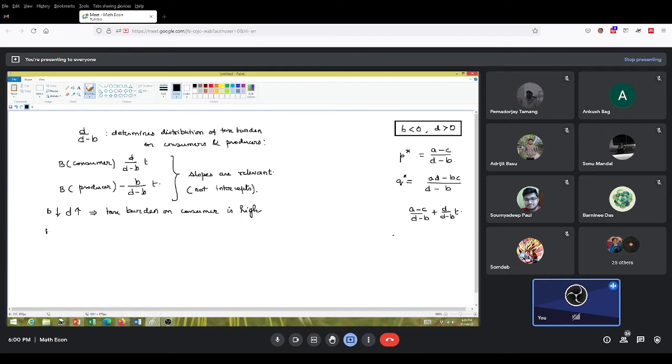On the other hand, if B is high and D is low, then the greater part of the tax burden falls on the producer.